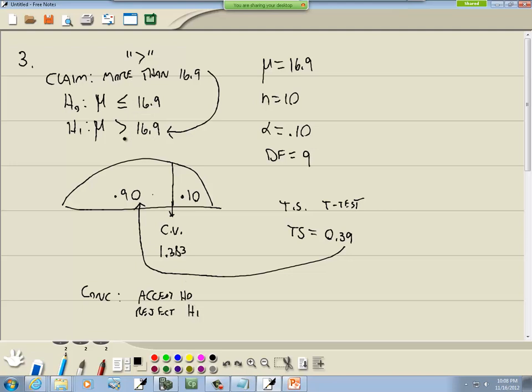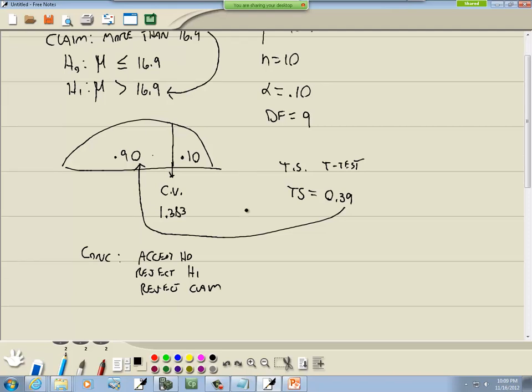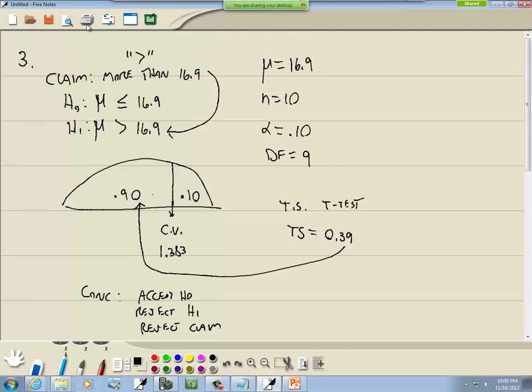And our claim matches H1, so whatever we say about H1 is what we say about our claim. So we'll reject our claim. That was interesting. I didn't know how that one would go because I just made up the numbers. But anyway, that's how you do that particular one.